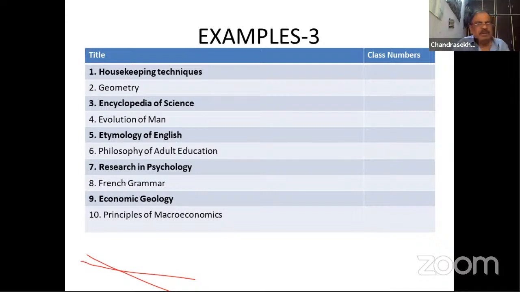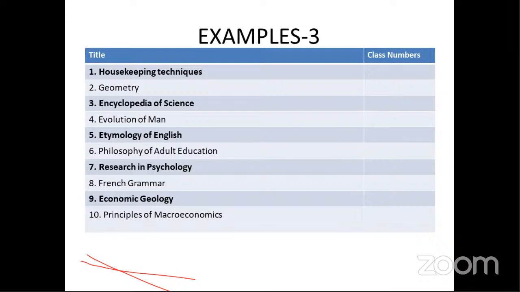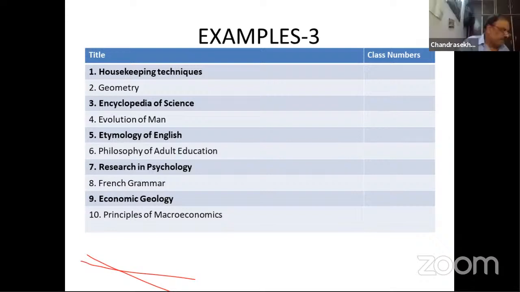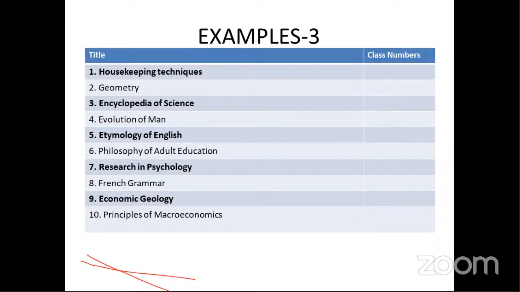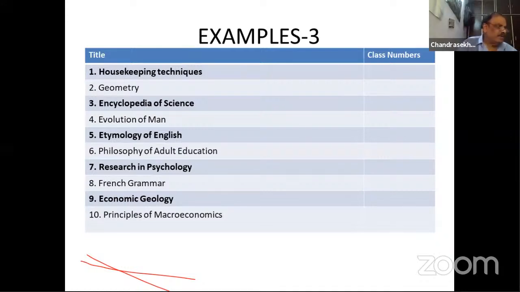So go to the third summary, 570. 576, genetics and evolution. So I'm verifying again: 576.